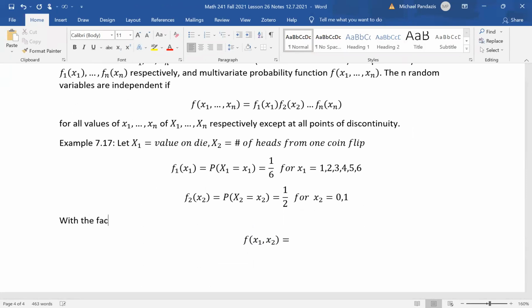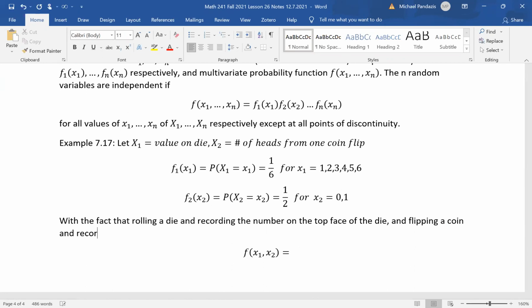With the fact that rolling a die and recording the number on the top face of the die, and flipping a coin and recording the number of heads, are two independent random variables, right?